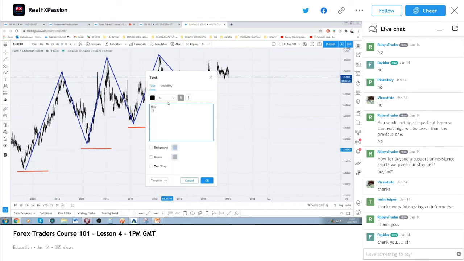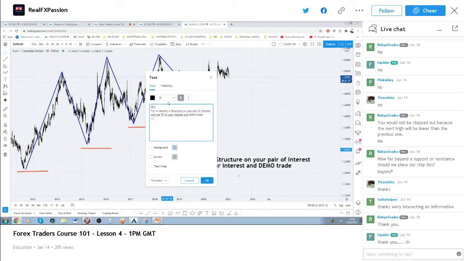Homework: try to identify a structure on your pair of interest and demo trade.